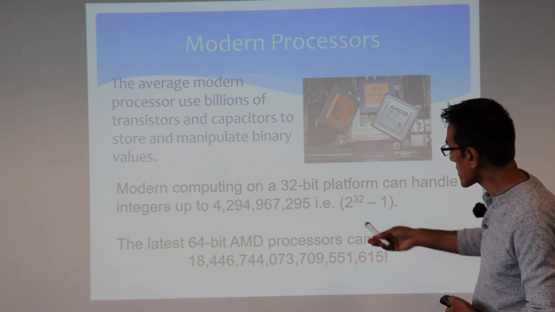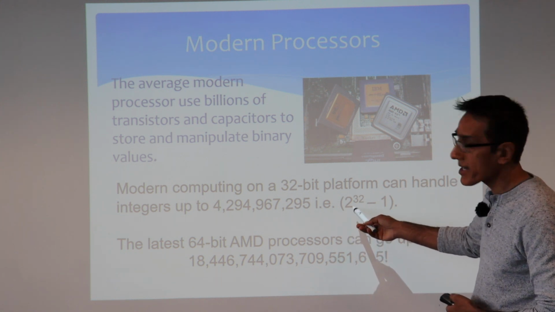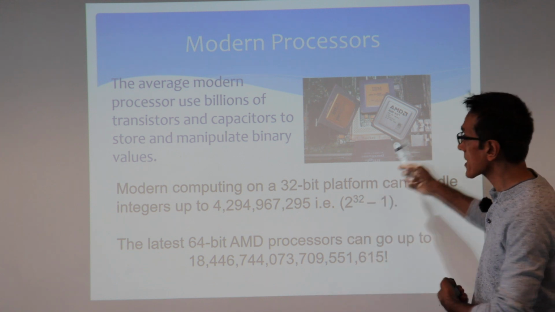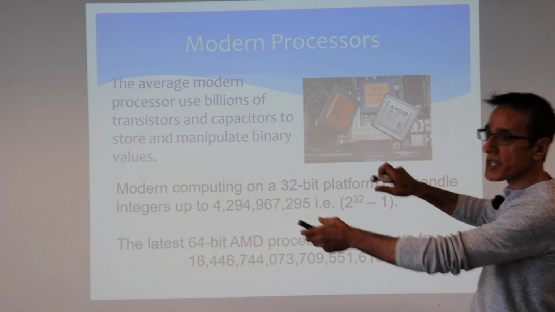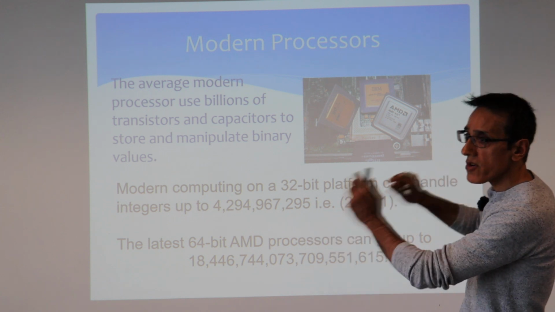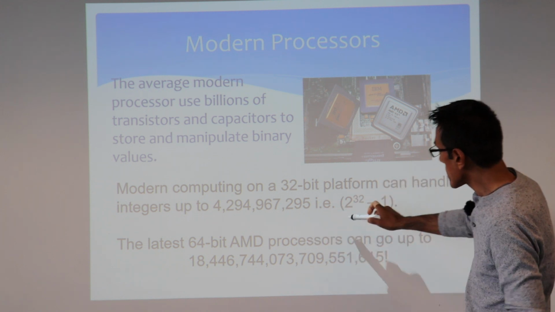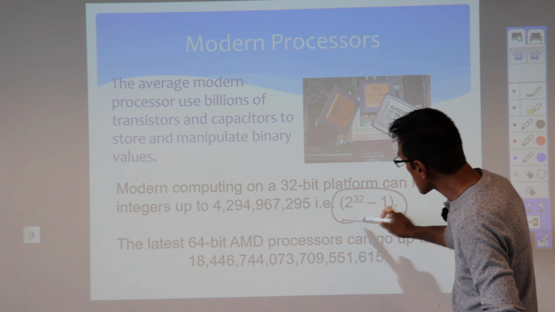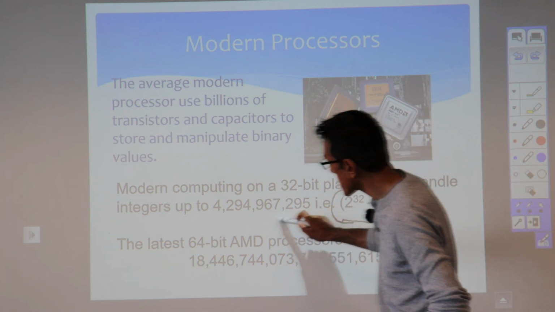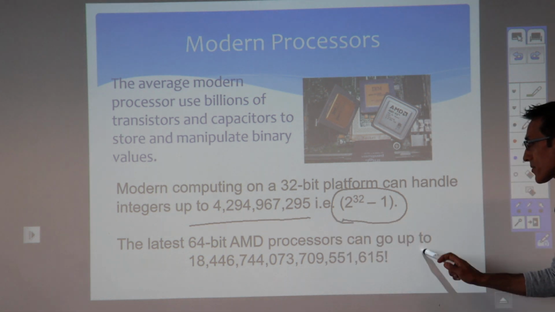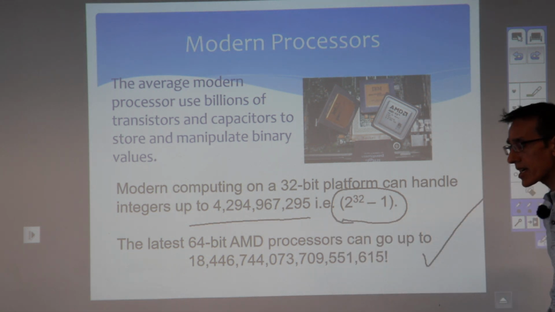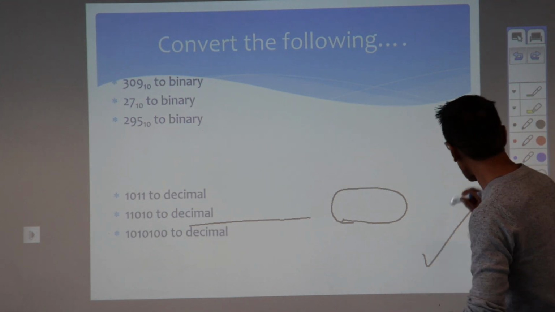So the largest number you can store if you had a 32-bit computer, so let's say you had 32 bits, 32 buttons or switches that you can switch to on, you would have 2 to the power of 32 minus 1, a very large number. And 64-bit processors can store an even larger number.